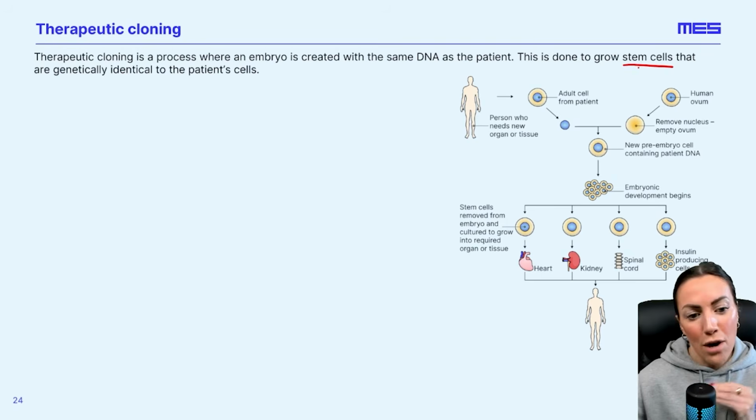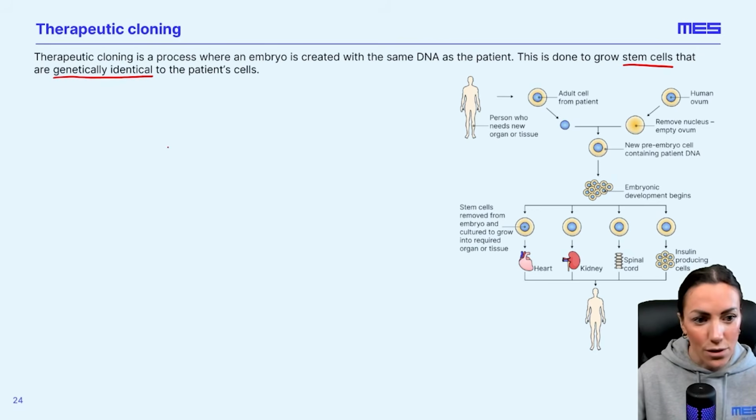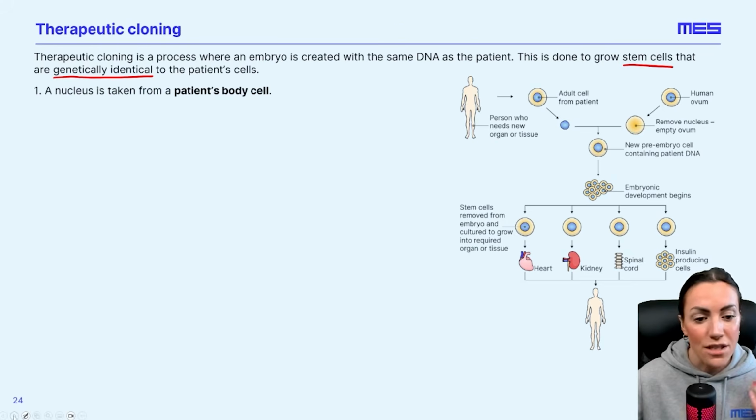But because the embryo produced was a clone of the patient, the embryonic stem cells will also be genetically identical to the patient's cells. So it overcomes that issue of rejection by the patient's immune system. Now, how does this work?